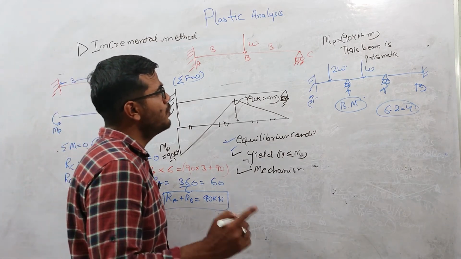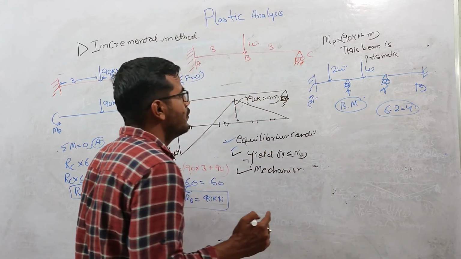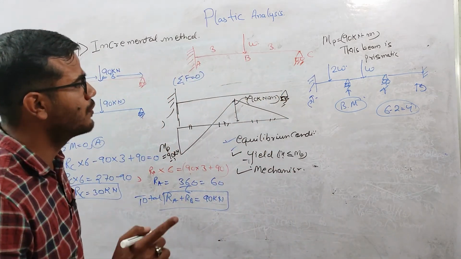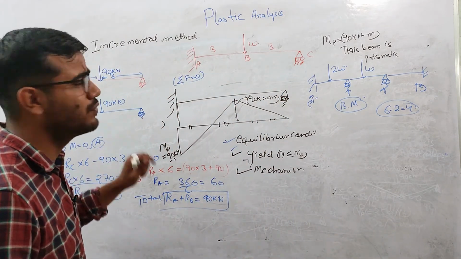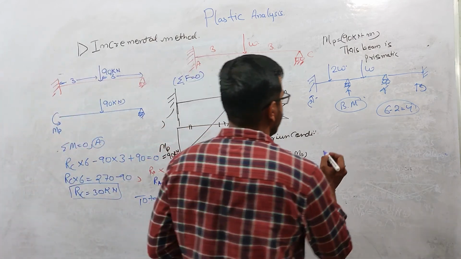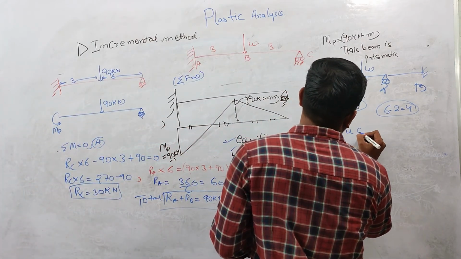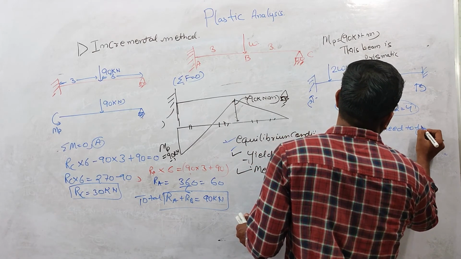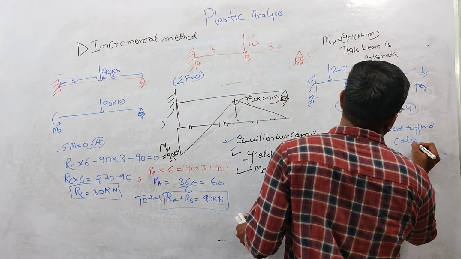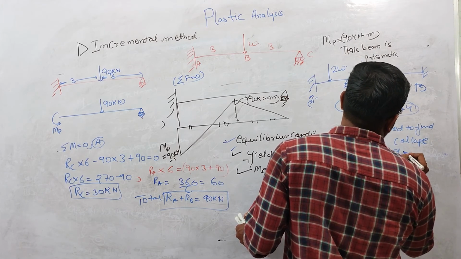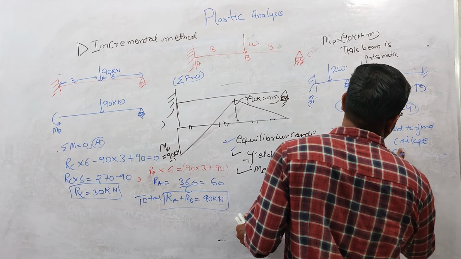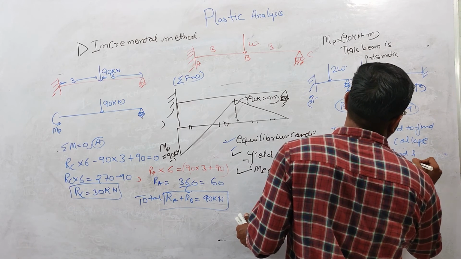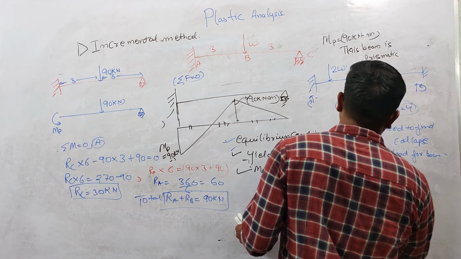If you want to directly find the collapse load for the beam, you won't use this method. If you only need to find the collapse load for the beam, don't use this method.